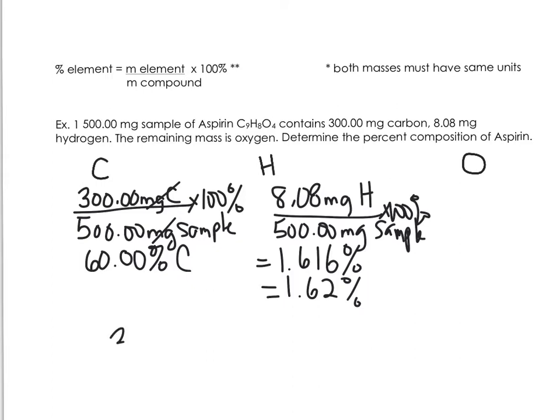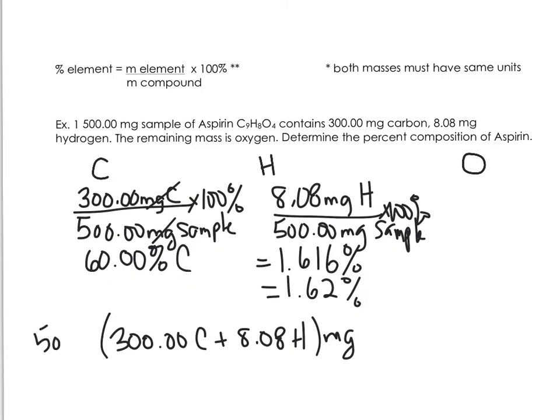So we know 300 is carbon, 8.08 is hydrogen. So you add these together and subtract them from 500 and you've got the milligrams that is just oxygen. So that's 191.92 milligrams that is oxygen.